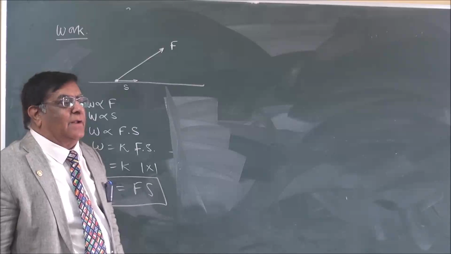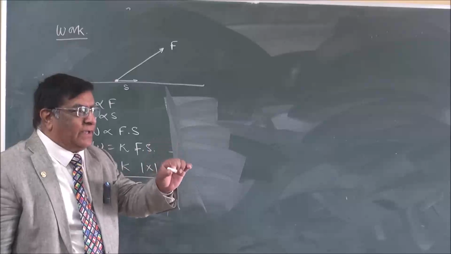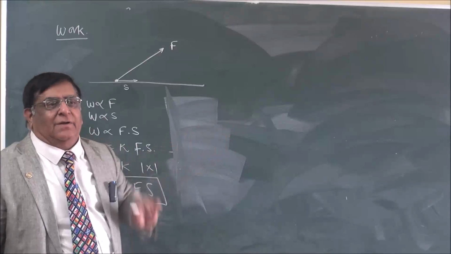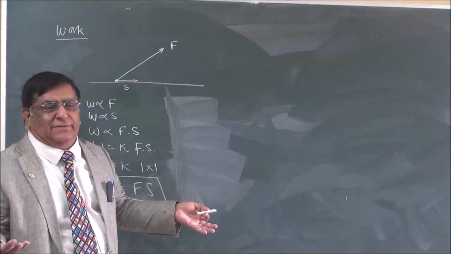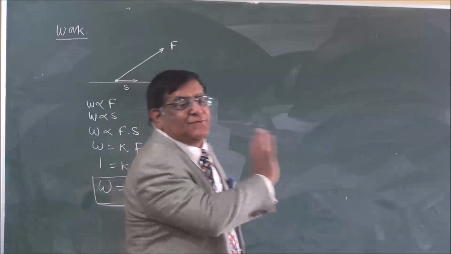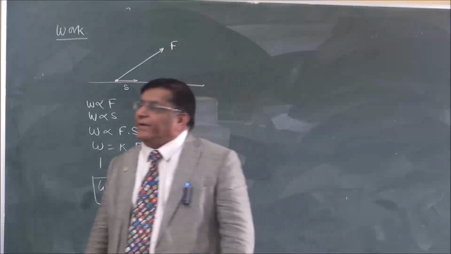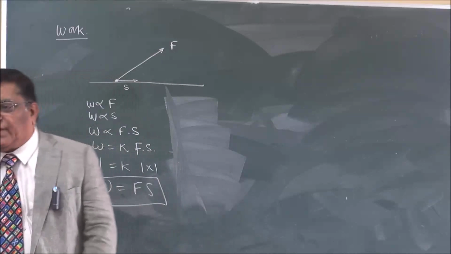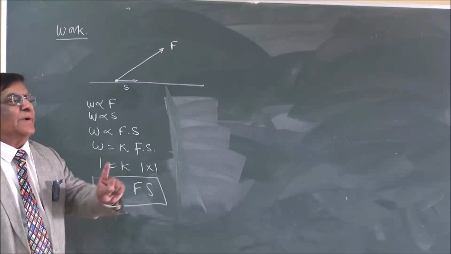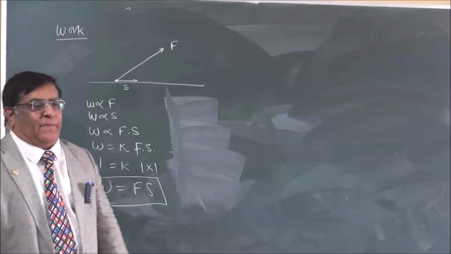But if that body is not going in this direction, then I am not doing work. That means force and displacement should be in the same direction, then only is work done. So we remember it as a rule: force and displacement in the same direction.